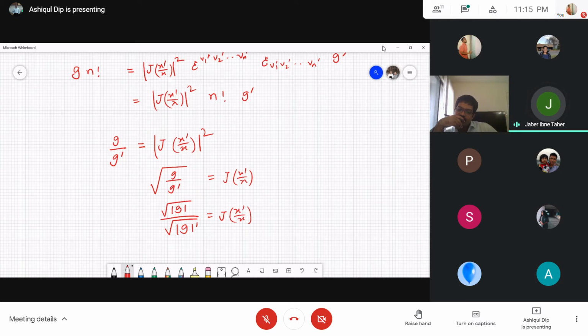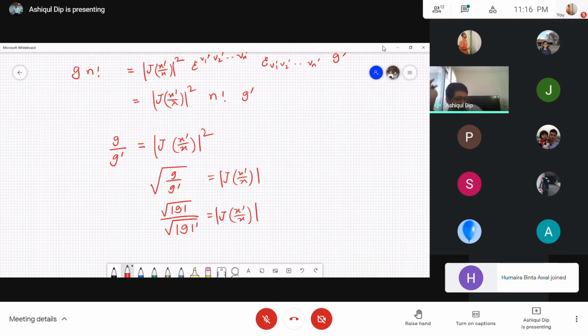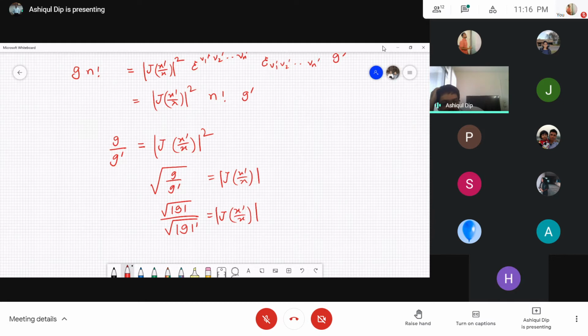We are still finding out the relation of the Jacobian determinant, not just the Jacobian. So the Jacobian matrix is never used here. Never used means we are not finding the relation between the Jacobian matrix itself. The Jacobian determinant is the thing that we are looking for.